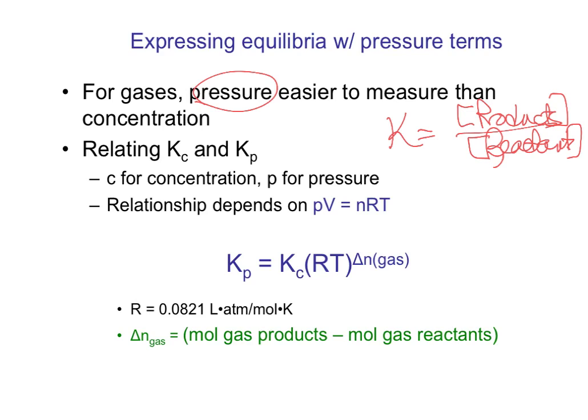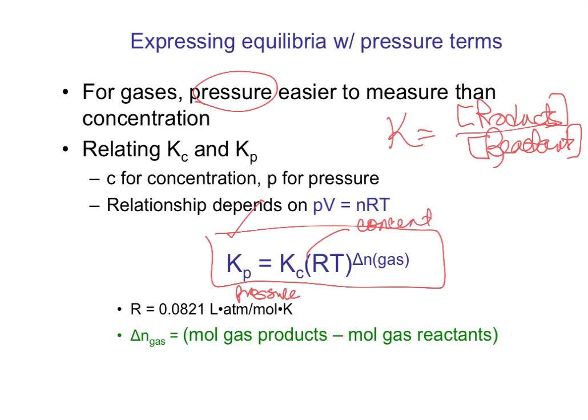You can monitor that reaction in terms of an equilibrium constant in pressure. There is a mathematical equation that relates the value of the equilibrium constant with respect to pressure and compares that to the value for the equilibrium constant in terms of concentrations or molarities.